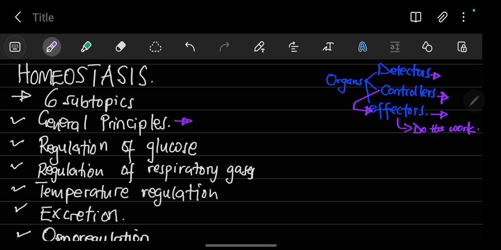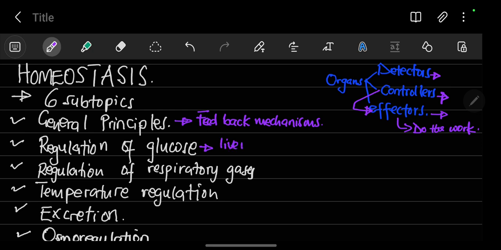Then when you look at this part of the general principles, mainly we shall look at the feedback mechanisms, where we have the positive feedback and the negative feedback. Then, under regulation of glucose, we know very well that the liver is going to be spearheading this regulation.